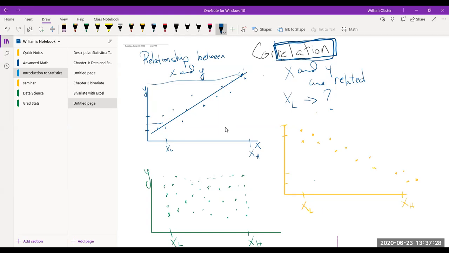And it means like co-relation. Okay. Any questions so far? All right, let's move on.